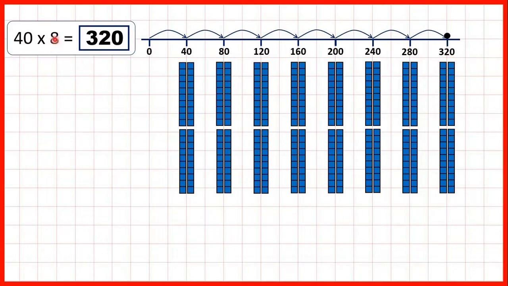So we made 8 jumps of 40, and that's taken us to 320 because we have 32 tens. And if we have 32 tens, we could regroup those into 300s and 2 tens. So counting in steps of 40 is just like counting in steps of 4.